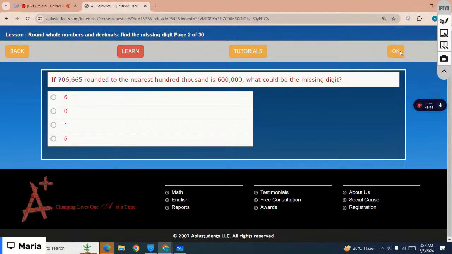The missing one is, yes, 6, because you can see right next is 0. So the missing number is 6.